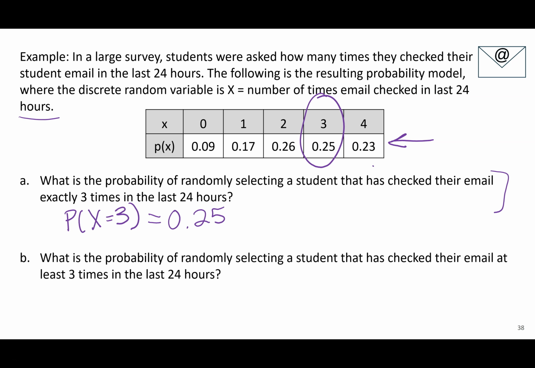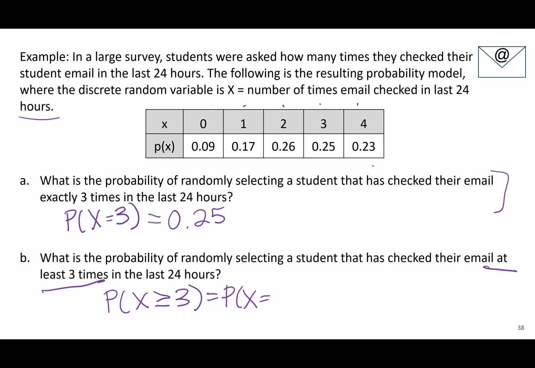Another question: what is the probability of randomly selecting a student that has checked their email at least 3 times? At least 3 times indicates 3 or more. So I am now interested in the probability x is greater than or equal to 3. Now that I know these are disjoint, I can just say that's equal to the probability x equals 3 plus the probability x equals 4.